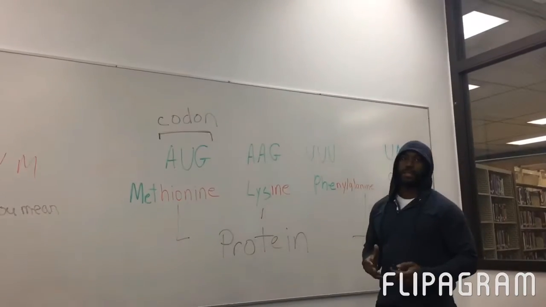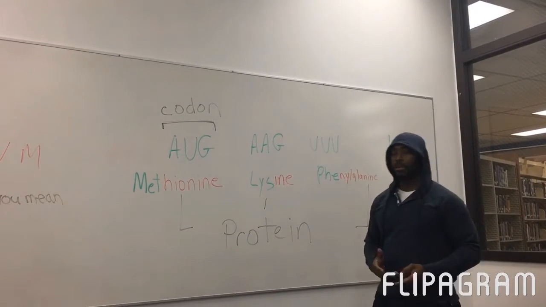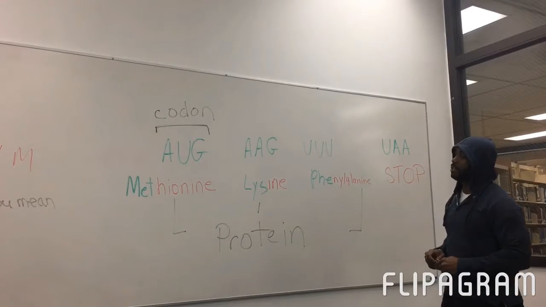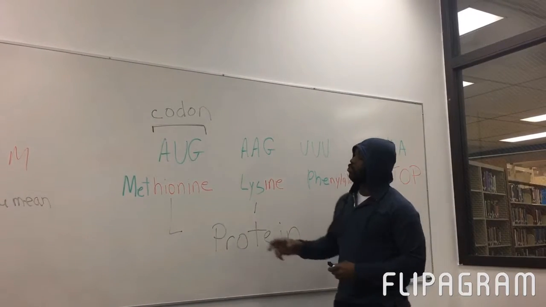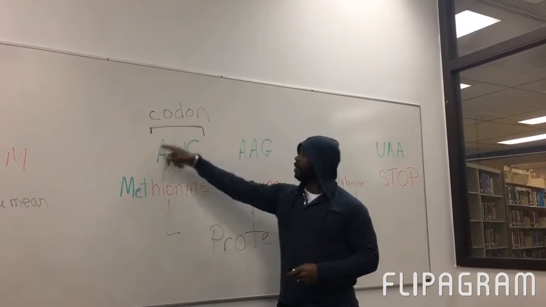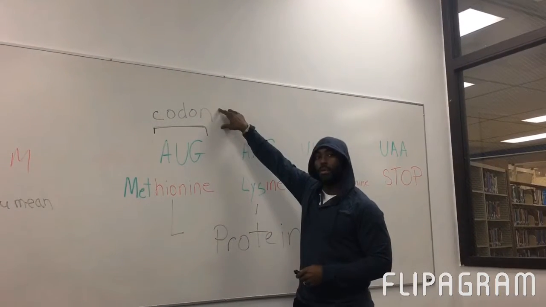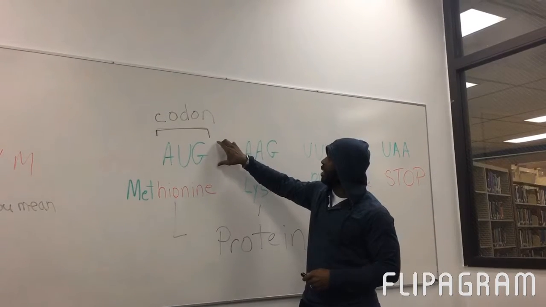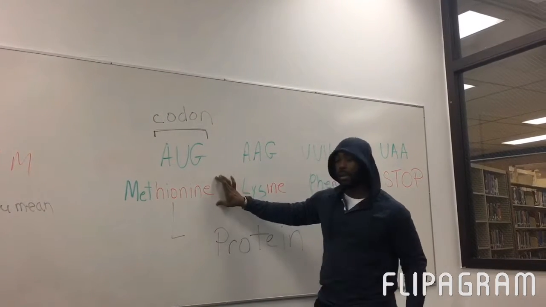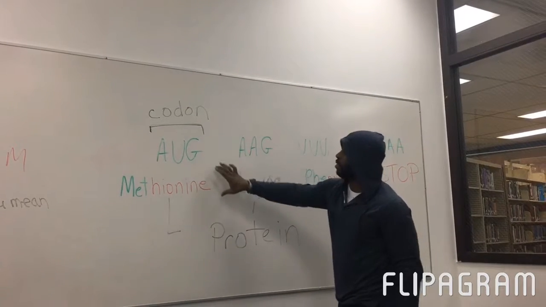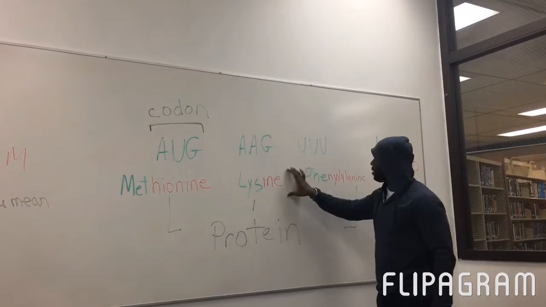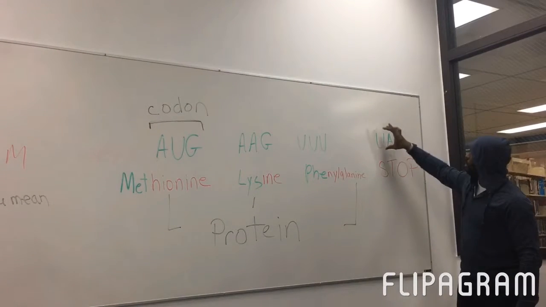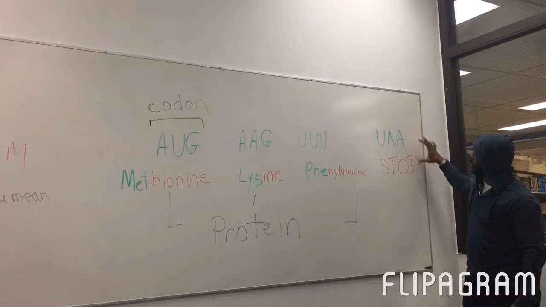So now we can use that same theory or that same technique when we're talking about translation of amino acids and translation of nucleotides. Each group of three nucleotides are a codon. So a codon is, again, a group of nucleotides that basically translate into an amino acid. So you have UAG translates here, AAG translates there, and UUU translates here, and there's also UAA, that's a stop codon.